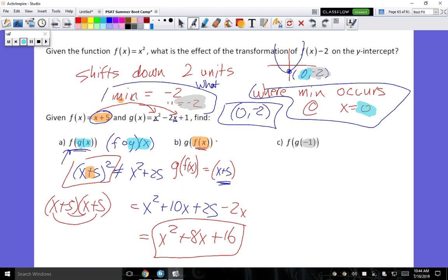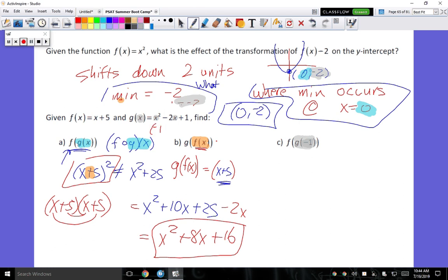We're going to put that -1 into g, see what we get, and then put that answer into f. Okay? So let's do this part first. g of -1. That means I'm going to go to g, and I'm going to put a -1 everywhere where I see an x.